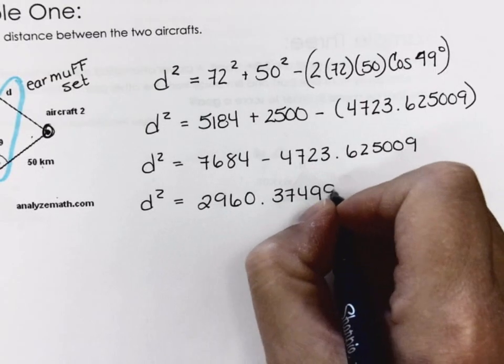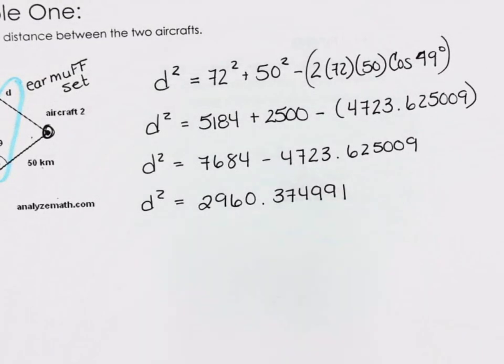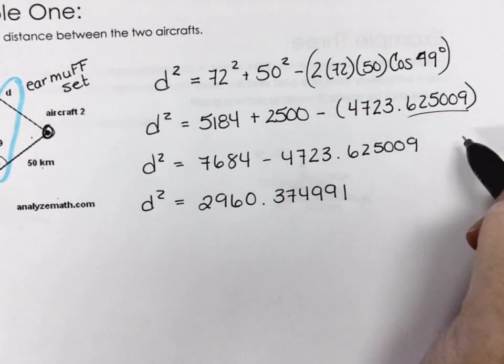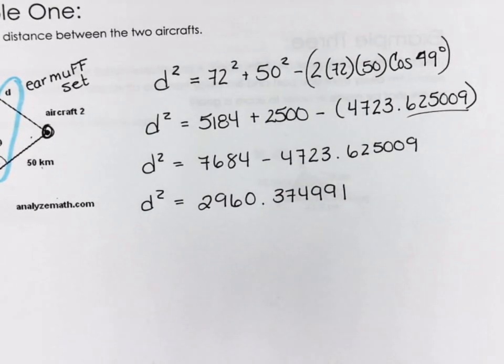You guys know, and I don't know if I've ever said it explicitly to you, you don't round inside your equation. You only round your final answers. So you got to use all the decimal places in the calculator. So you see I used all of those. I'm probably going to round my answer to 2 decimal places, but we don't round within our equation, only the answers.